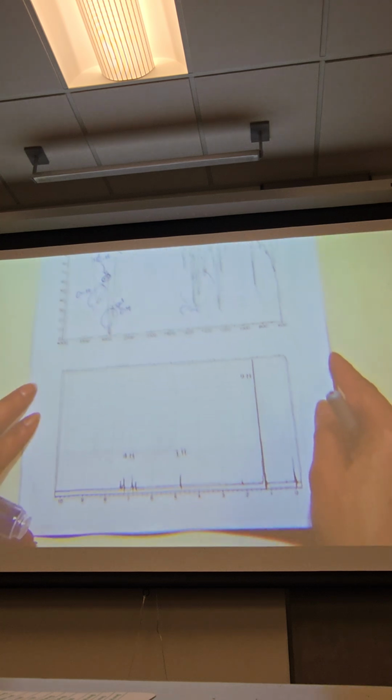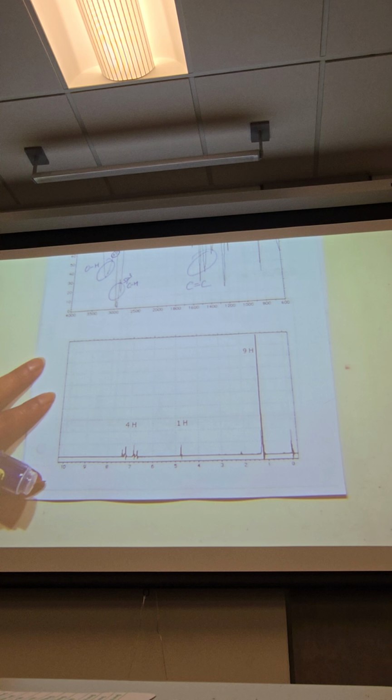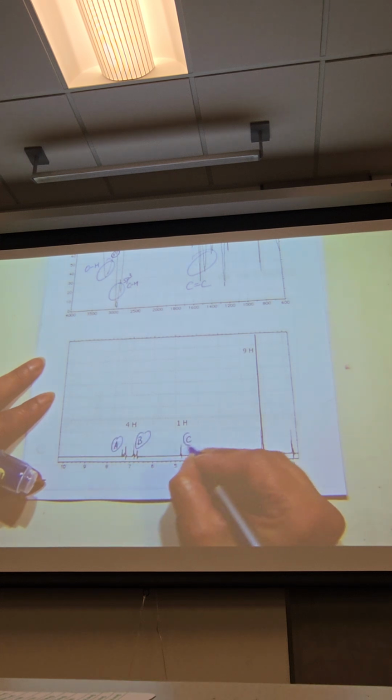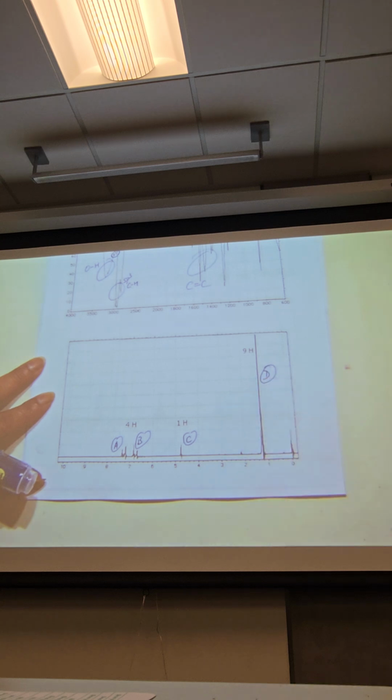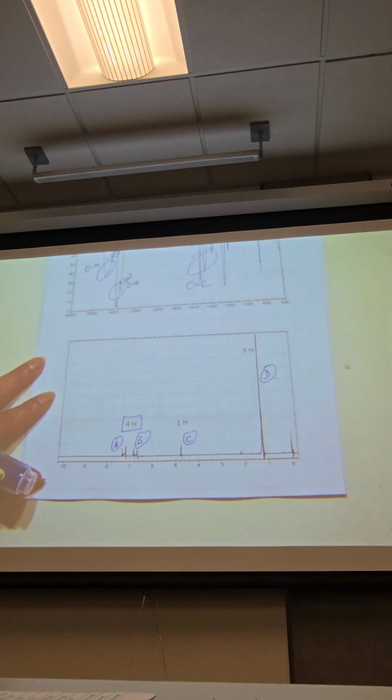We good? Let's go to the proton NMR spectrum. How many signals do you see? I see four signals: A, B, C, D. Of course, the combination of A and B is integrating for 4 hydrogens. A and B together are integrating for 4 hydrogens, right?